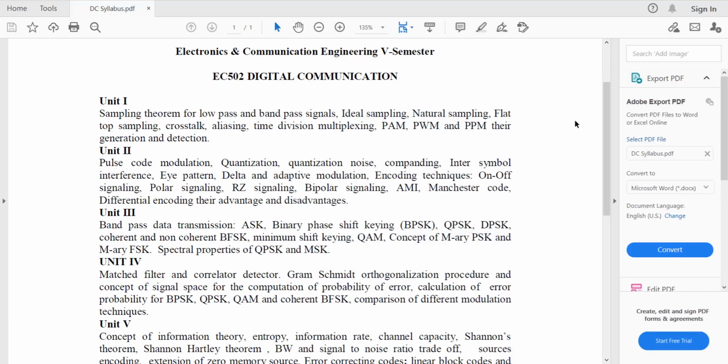Then come encoding techniques. Encoding techniques sometimes help in the trade-off between various parameters like power, bandwidth, and all those things.